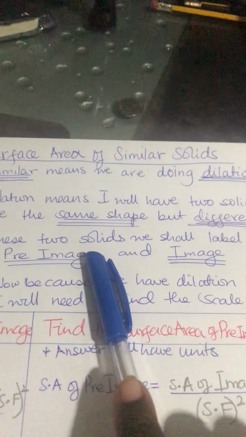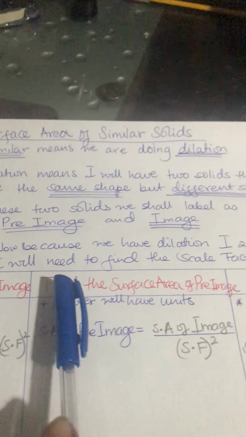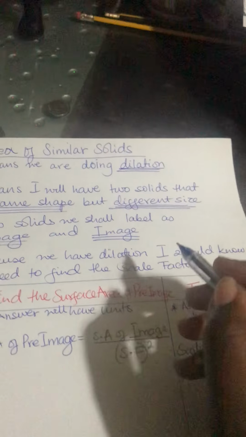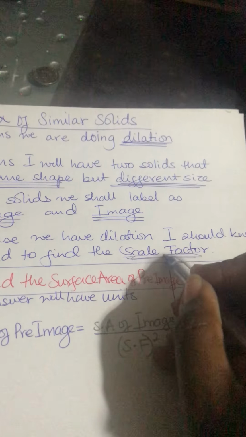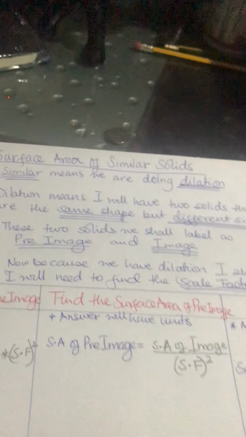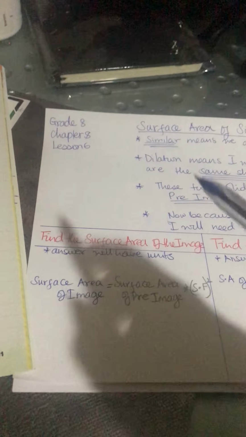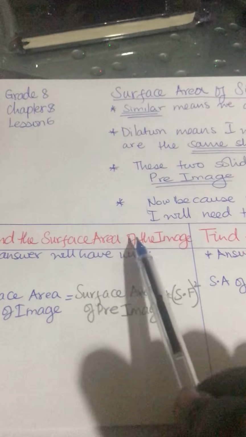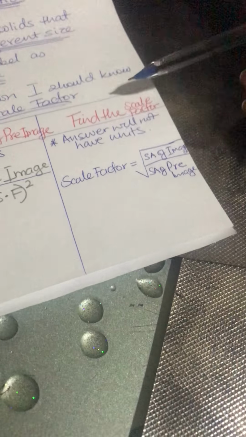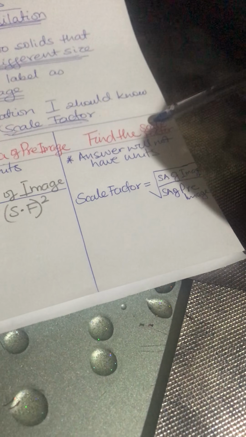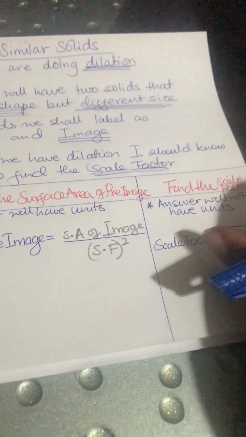So because we have a pre-image and an image, you will need to find the scale factor. Okay? So that means we need three formulas. The formula for finding surface area of the image, the formula for finding surface area of the pre-image, and the formula for finding the scale factor when you have surface area.